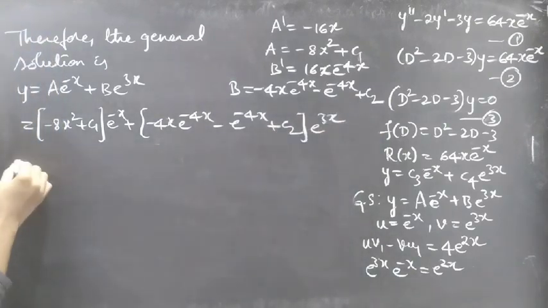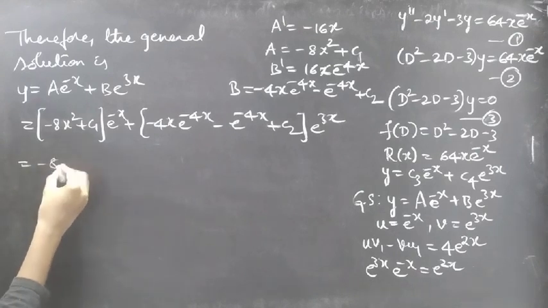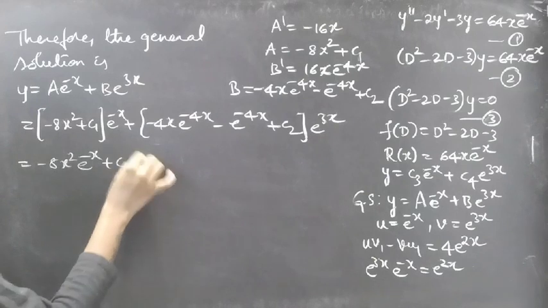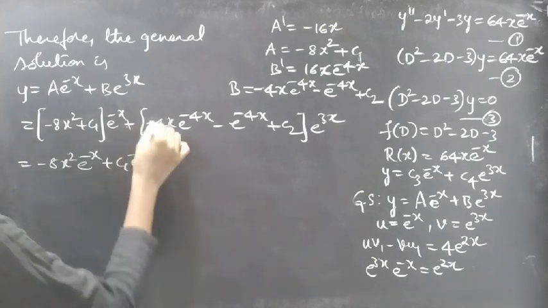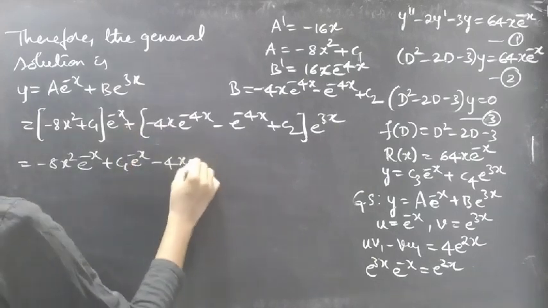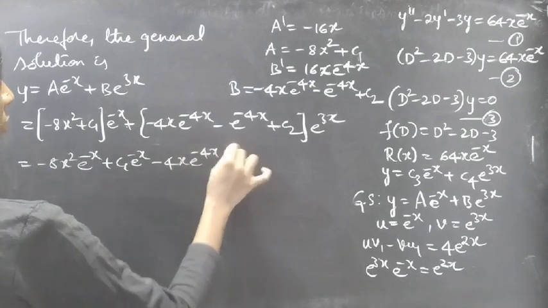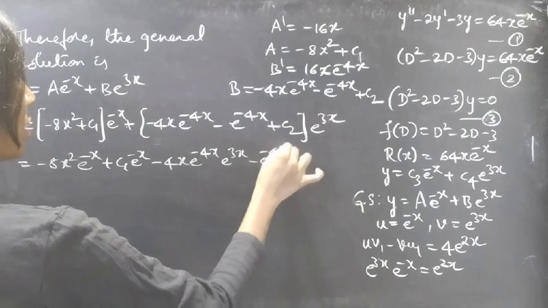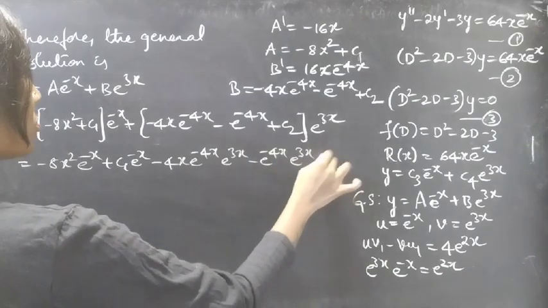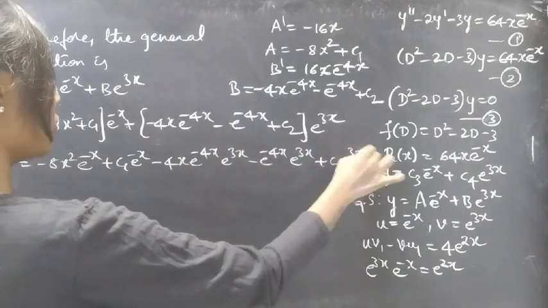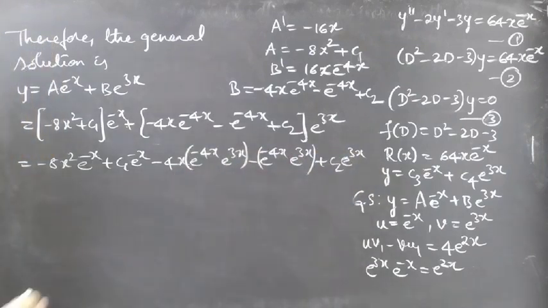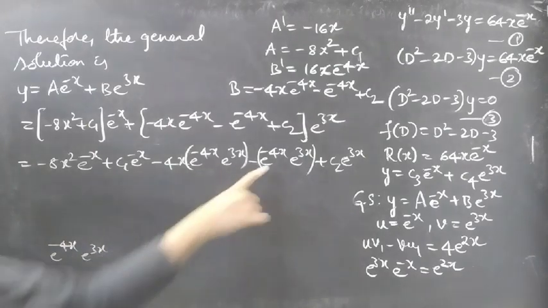This gives us minus 8x square e power minus x plus c1 e power minus x plus into minus, minus 4x e power minus 4x into e power 3x plus into minus, minus e power minus 4x e power 3x plus c2 e power 3x, right? e power minus 4x into e power 3x is repeating twice.